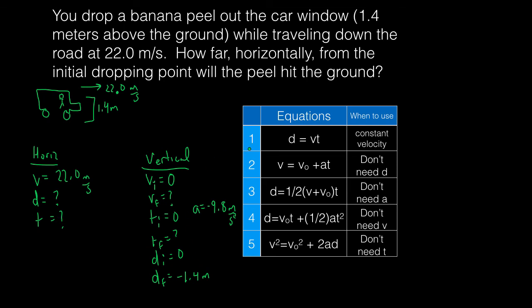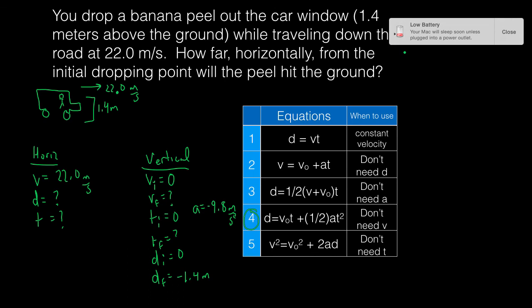So we can't use equation number 1. Again, we're going to come down and use equation number 4 and solve for time vertically. Let's throw this equation up over here. Displacement is equal to velocity initial times time plus 1/2 at squared.